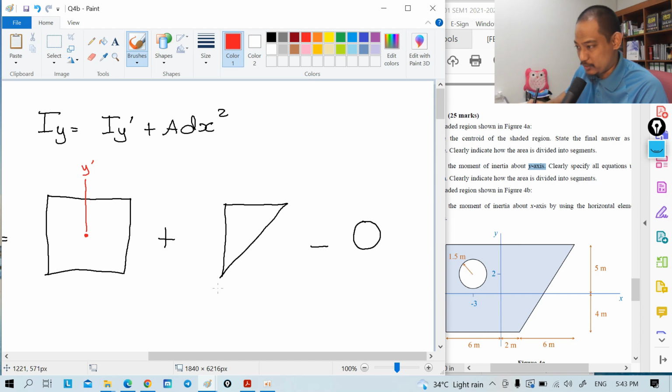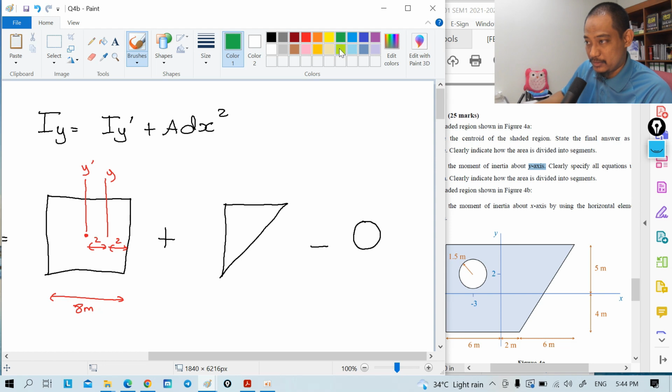Because the whole thing is 8 meters, and the axis is 2 meters from the side, right? Because this is 2 and this is also 2, meaning that the distance between the two is 2 meters actually, right? Of course, if you take just the dimensions, this is 8 and this is 9, right?